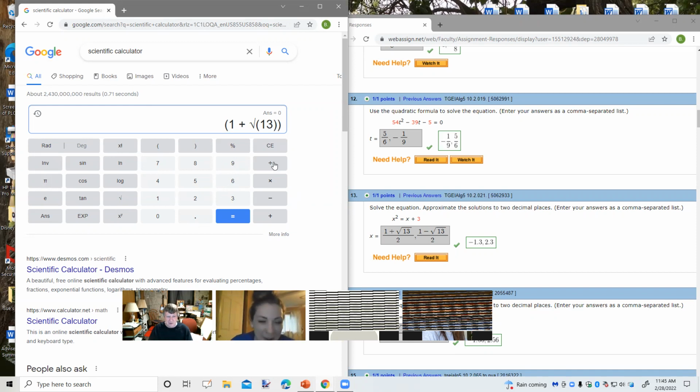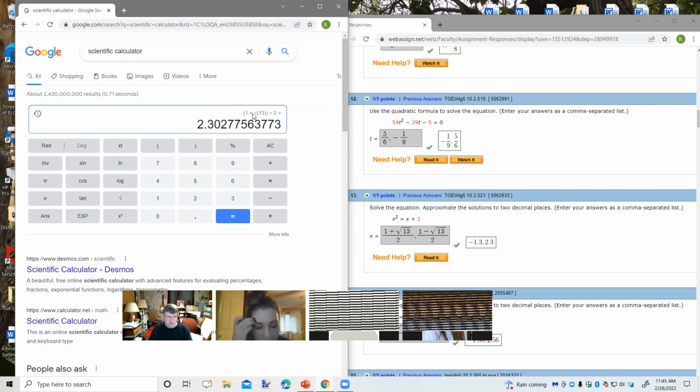Okay, so now divided by 2. Okay. So do you see how I've got one set of parentheses for the radical and another set for the entire numerator? Okay. Now, rounding this to the nearest tenth, you get 2.3, which is one of the answers. Okay.